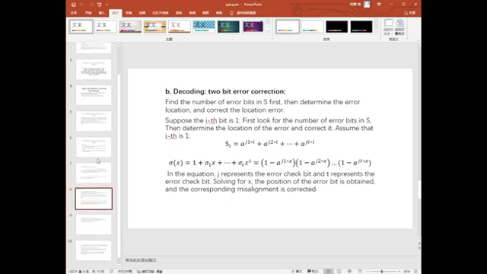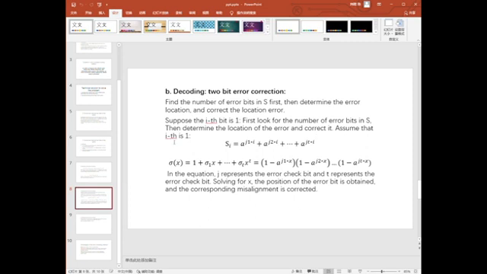Then 2-bit error correction. Find the number of error bits in S first, then determine the error location and correct it. Suppose the number of S bits is t. First look for the number of error bits in S, then determine the location of the error and correct it.